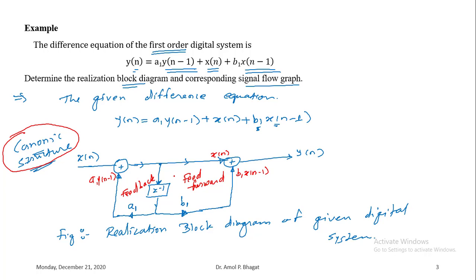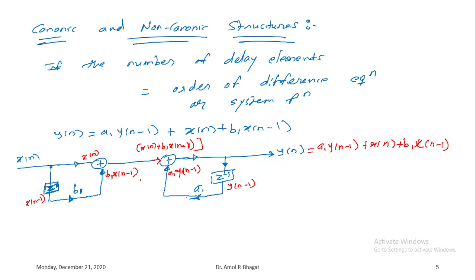Because there is a single delay element and the order of the difference equation is also 1, so the number of delay elements used is also 1. While here two delay elements are used, therefore this structure is non-canonic. So that is the difference between canonic and non-canonic structures.